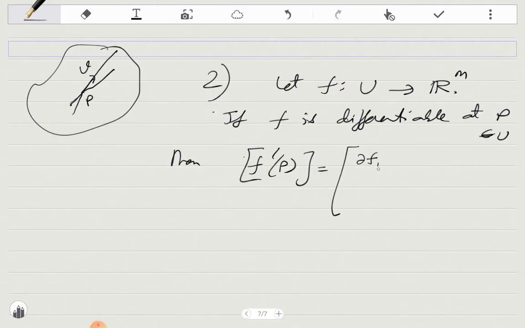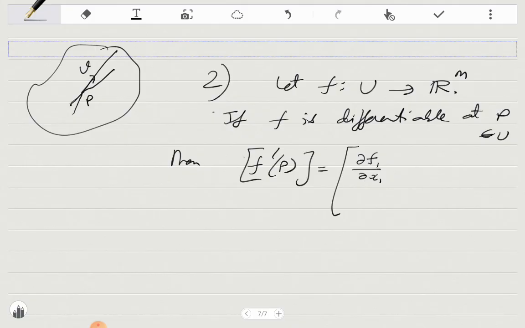del f1 by del x1, and, oops, where did I write this?